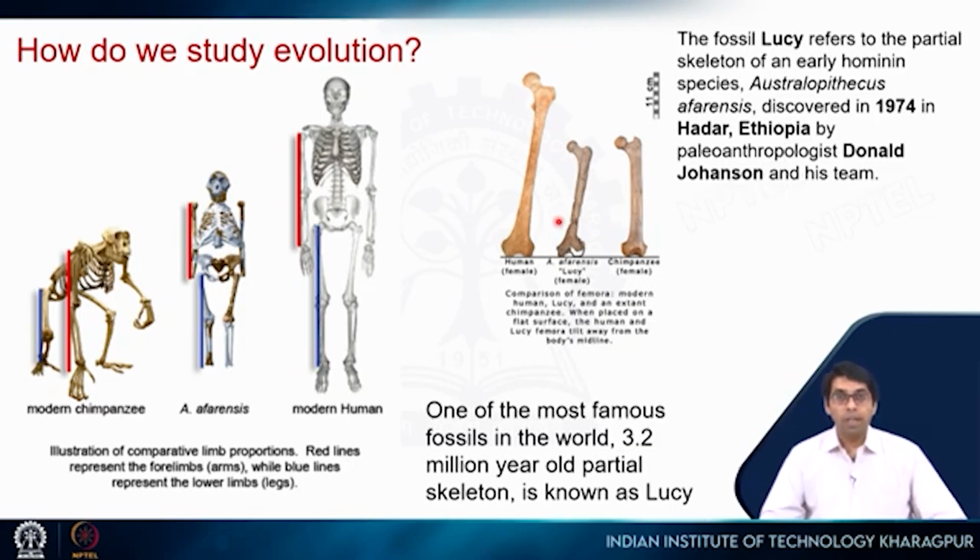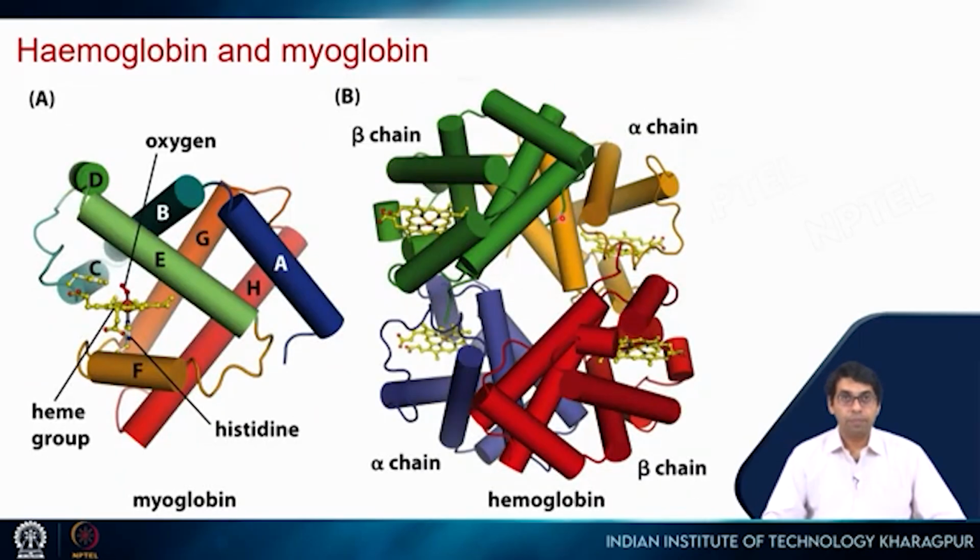Or if we have two different proteins and we find something in between, we can say that if this is modern and this is older, this will be somewhere in between, because it shares traits with both proteins. That is something we do for proteins. So let us see how we do that.